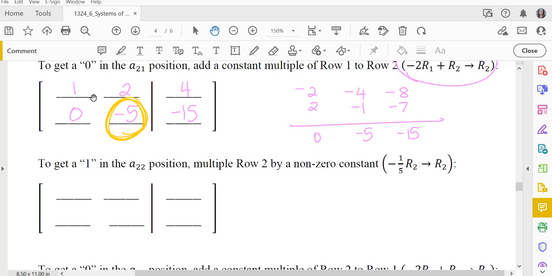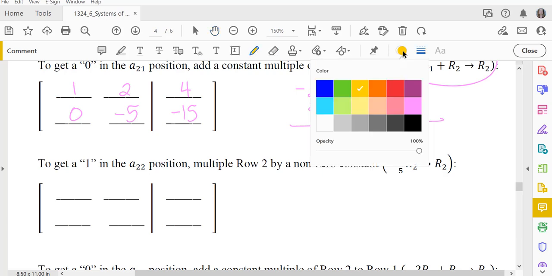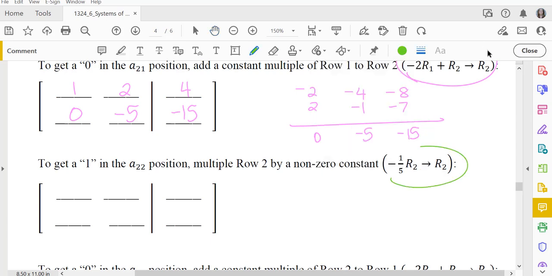We're going to accomplish that by multiplying row 2 by -1/5 and making that my new row 2. This step does not say to touch row 1, so I'm going to leave row 1 alone. But I want to multiply row 2 by -1/5.